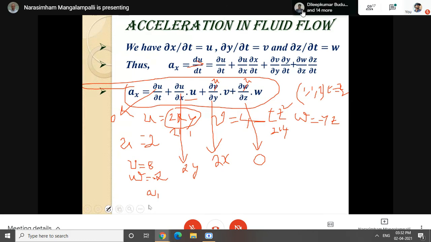The second term is u dou u by dou x. u is 2xy and dou u by dou x is 2y. So the value of u dou u by dou x is 4xy square.